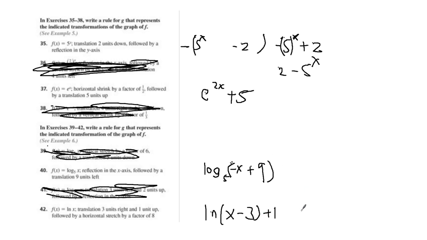You gotta do ln, and then open the bracket, 8 times x minus 3, plus 1, which is ln 8x minus 24 plus 1. And that is your answer right there.